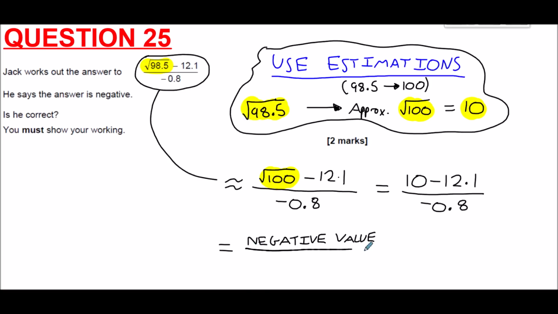And minus 0.8 is obviously a negative value. And a negative thing divided by a negative thing gives us a positive value.